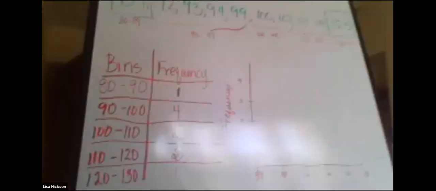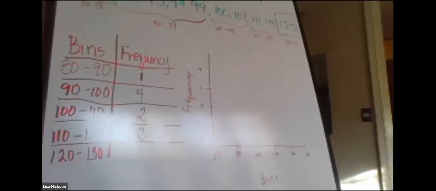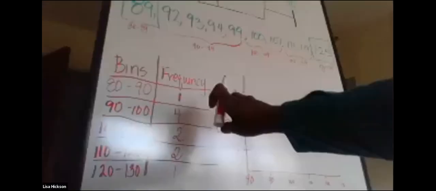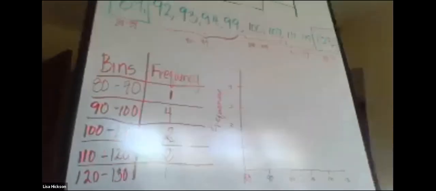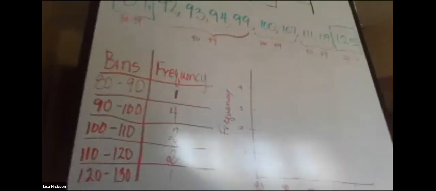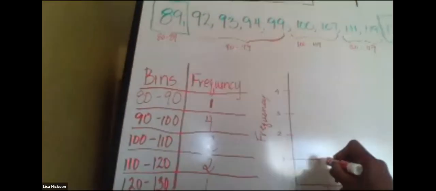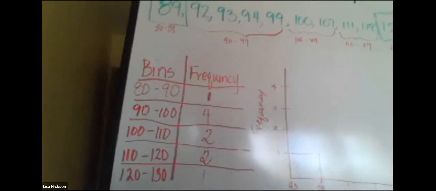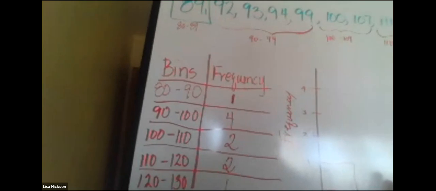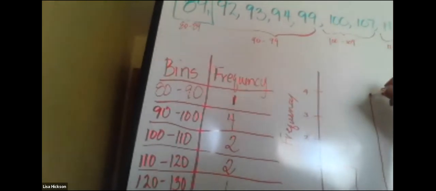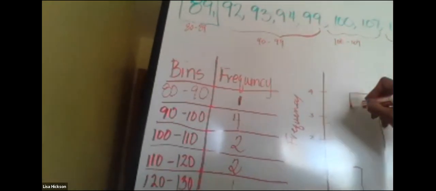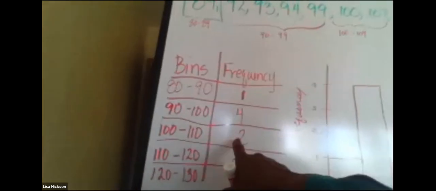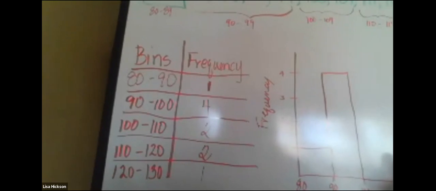All right, so those are our axes. Oh, I'm sorry, I need to stand over this way. Those are my axes. So we are now going to use the frequencies to graph. So between 80 and 90, it is 1. Remember, there are no spaces. Between 90 and 100, there are 4. Between 100 and 110, there are 2.